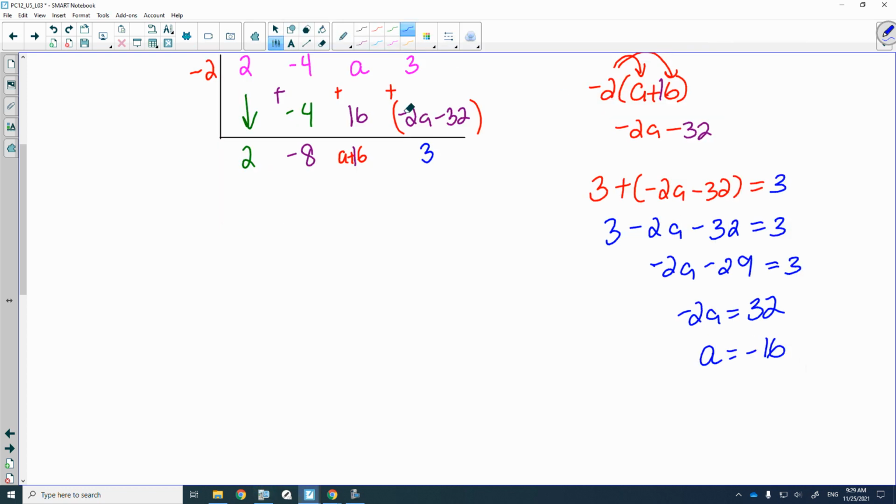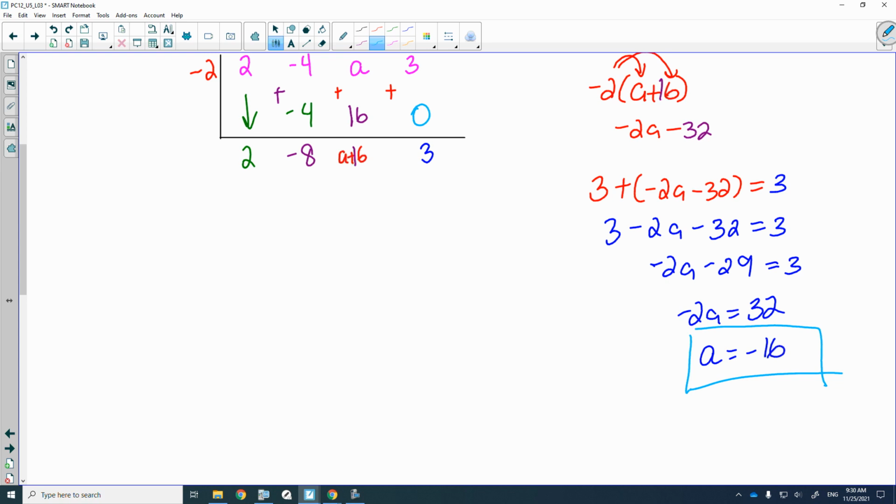On your calculators, tell me what you get when you type in negative 2 in a bracket negative 16 and then minus 32. What does that give you? 0? Good, thankfully. And then this number plus this number equals the remainder, which is 3. And that's your answer. A is equal to negative 16.